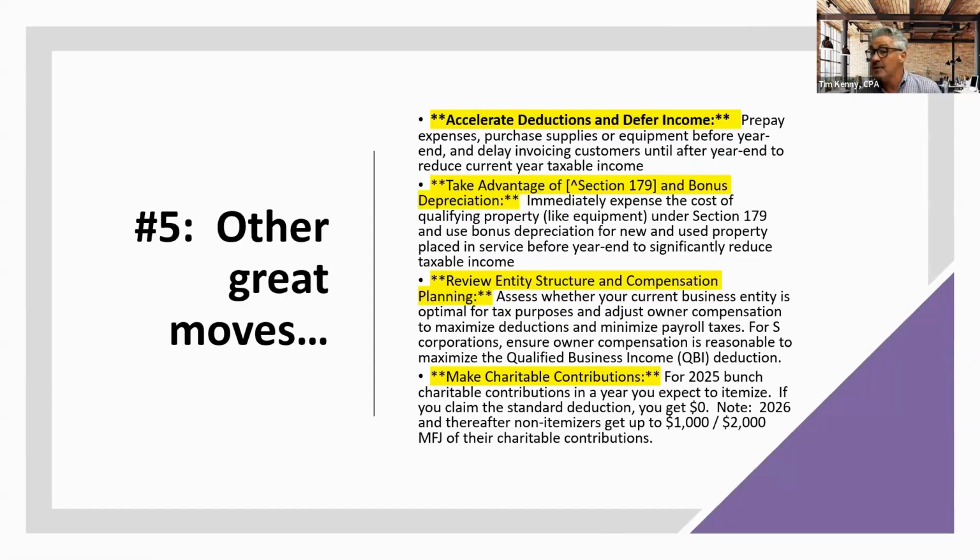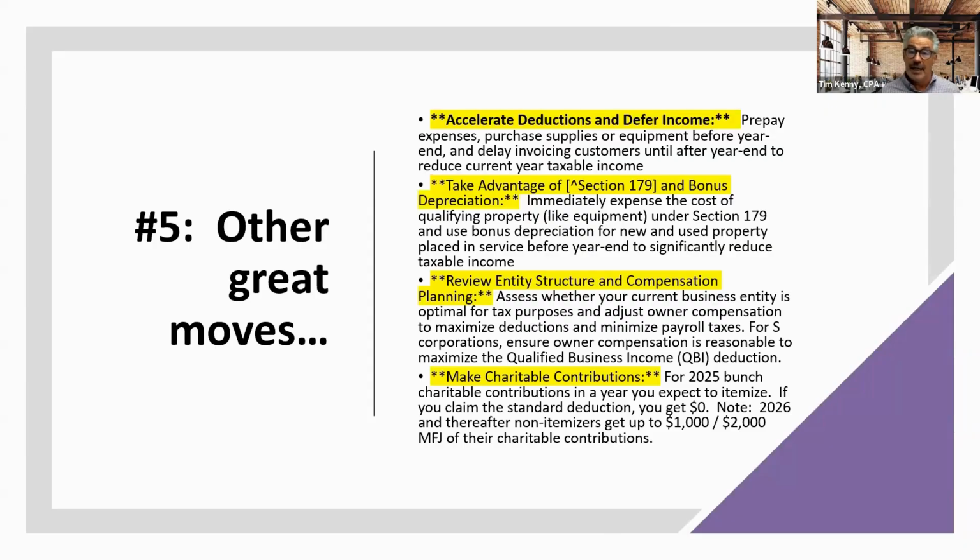Essentially, if you anticipate that you're going to have an expense coming up, say in January, and you're having a great year in 2025, you may want to accelerate it, make the purchase in 2025 so that you receive that service or that supply in 2025, so you can include that in your deductions.